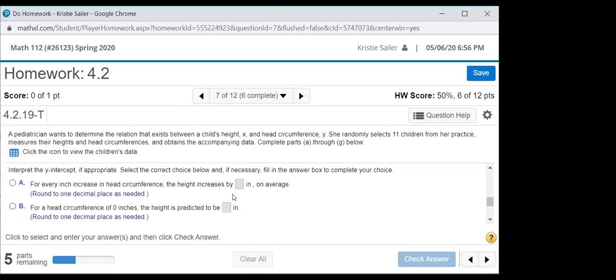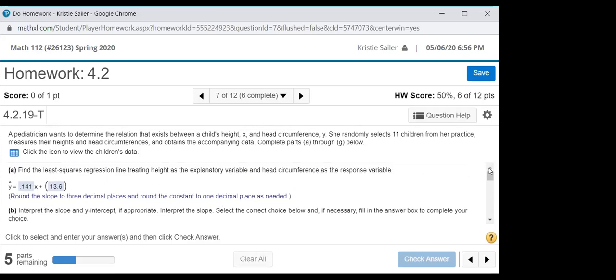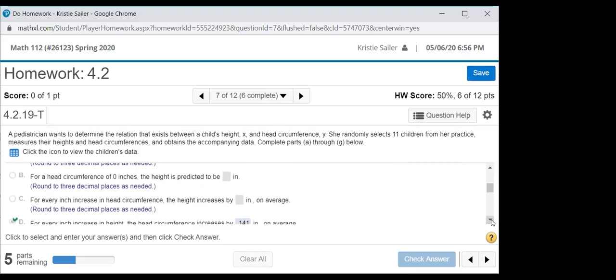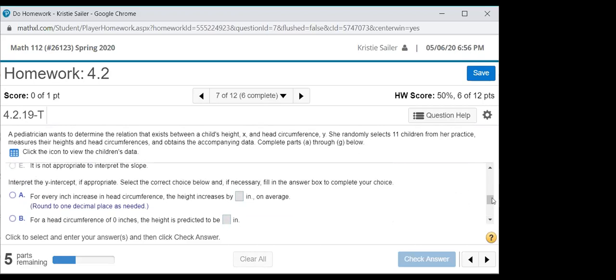Now it's going to ask you about the y-intercept. So for a height of 0, the head circumference is going to be whatever the y-intercept was, which I think was 13.6. When x is 0, that term goes out. I remember this, it's all coming back to me from algebra.